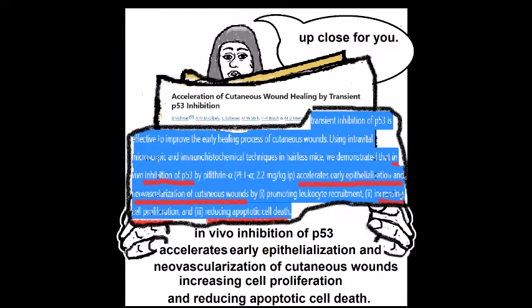Up close for you. The main parts I have underlined in red are: in vivo inhibition of p53 accelerates early epithelialization and neovascularization of cutaneous wounds, increasing cell proliferation and reducing apoptotic cell death.